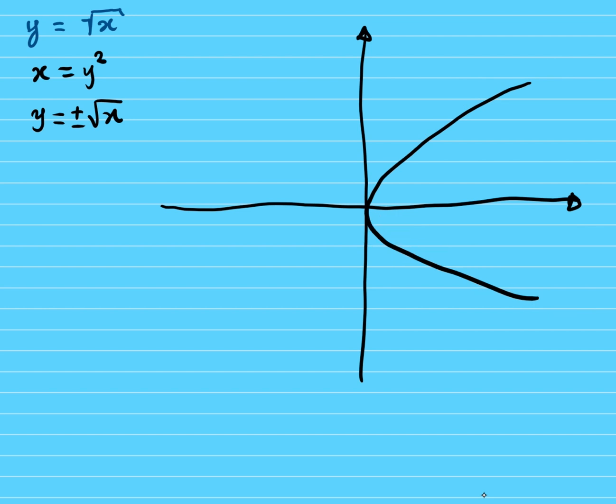It's important to note that this helps us define a function whose inverse is also a function. So what you have here is a function whose inverse is also a function.